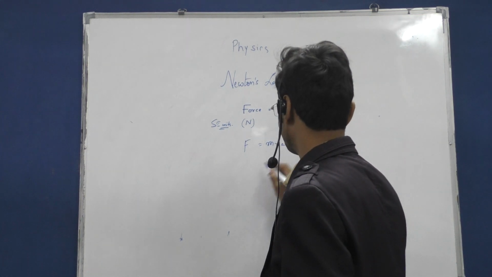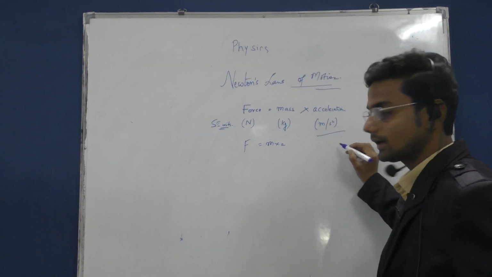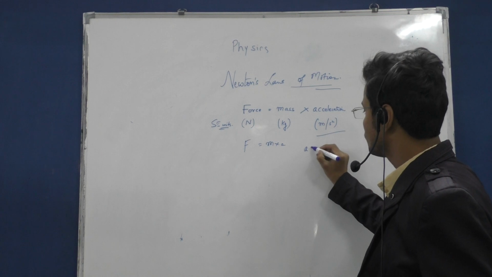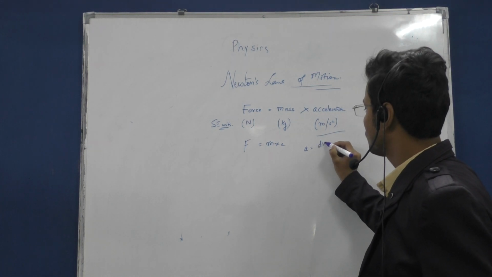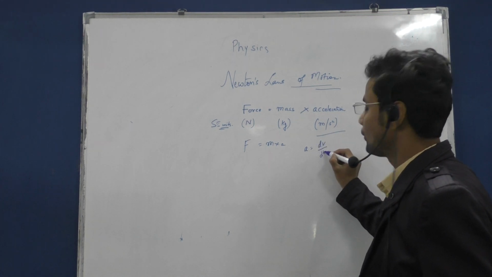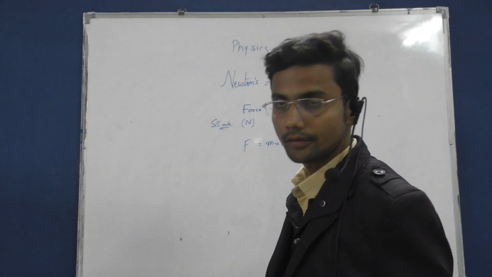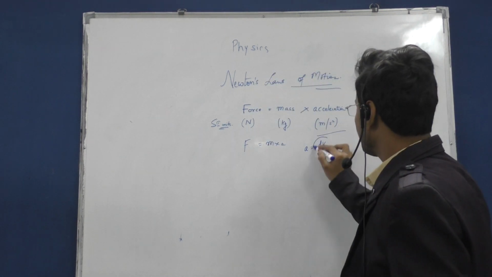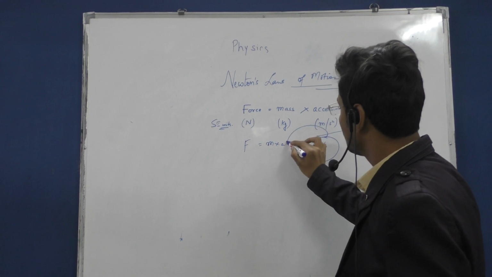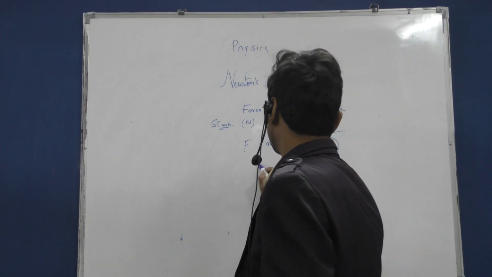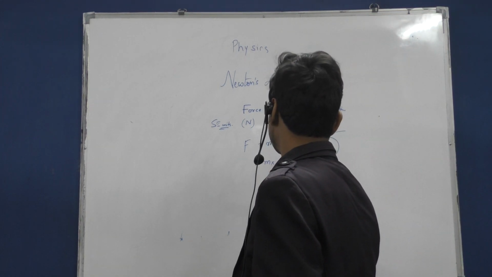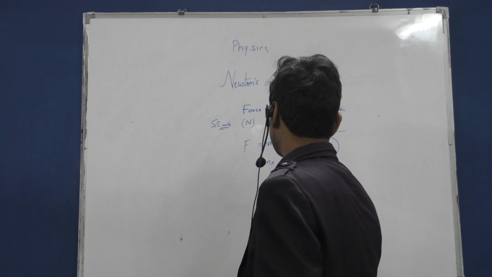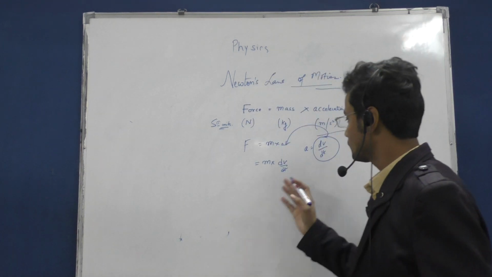And now, what is acceleration actually? Acceleration is always equal to the rate of change of velocity with respect to time, right? So if we substitute this value here, what will it be? Force equals mass into dv by dt. Any problem? I don't think there is any problem.